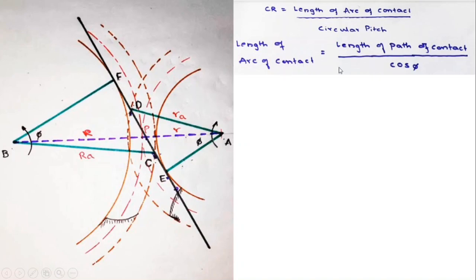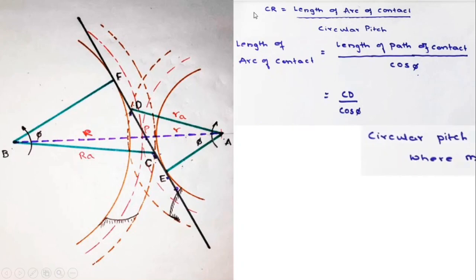You can refer to the video which will appear in the top right YouTube iCard for the derivation of length of arc of contact, that is how this particular expression is obtained. With respect to this figure on the left, the length of arc of contact is nothing but CD, that is arc C to D of the pitch circle either of the gear or of the pinion, divided by cos of phi, that is the pressure angle.